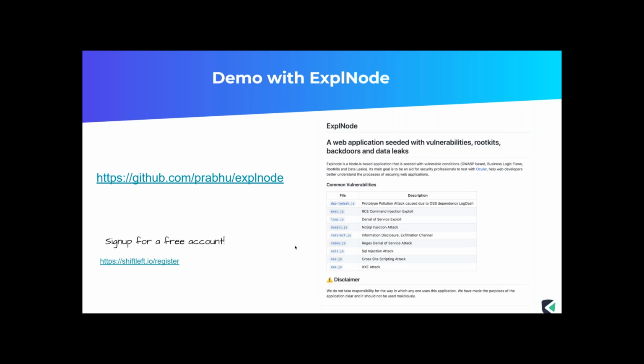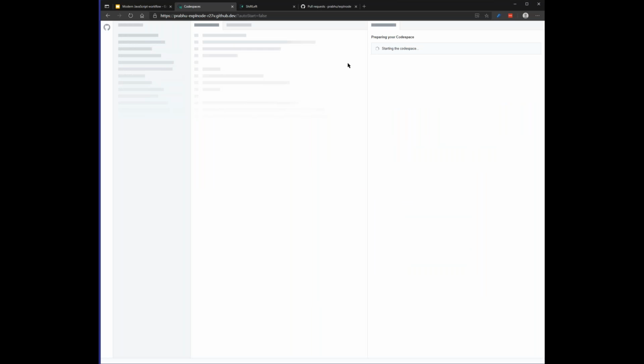Some of the code snippets might look artificial, because it's very unusual to have all of the vulnerabilities in a single app. But we'll do our best. We'll try to mimic what is possible. And what I'm going to do now is try using GitHub Codespaces for the demo.